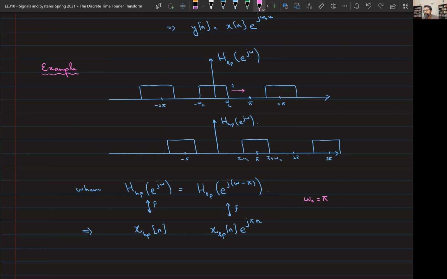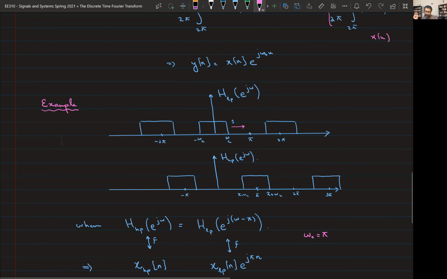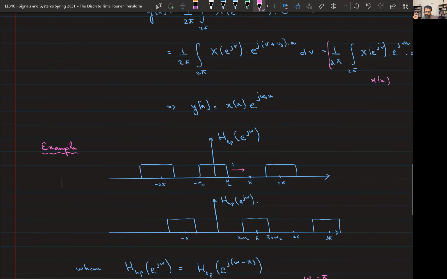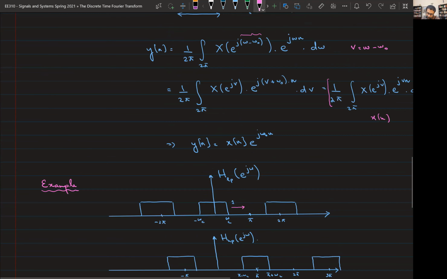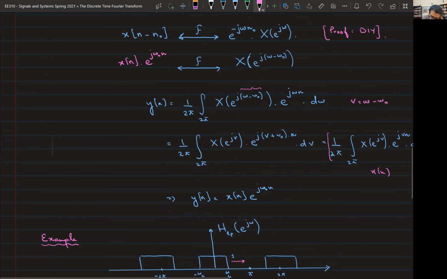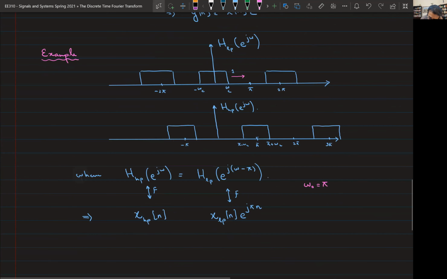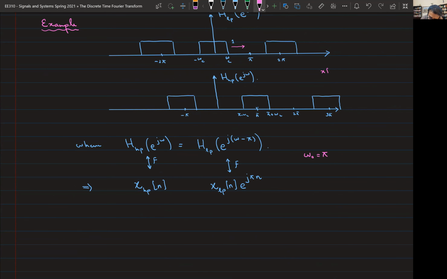Abdullah asks, why an omega here? The multiplication is going to be in the time domain. Let me go back and write the property here. The property just says that x of n times e raised to the power j omega naught n has the Fourier transform x of e raised to j omega minus omega naught.